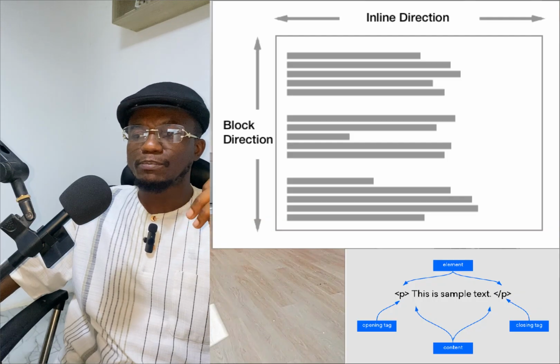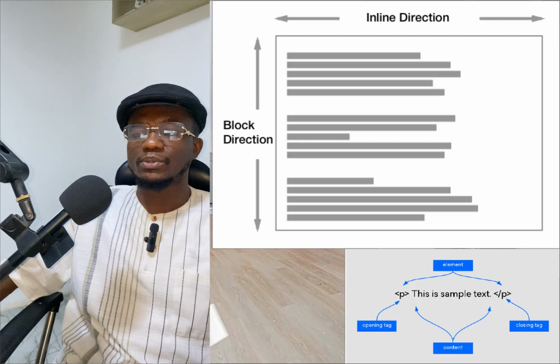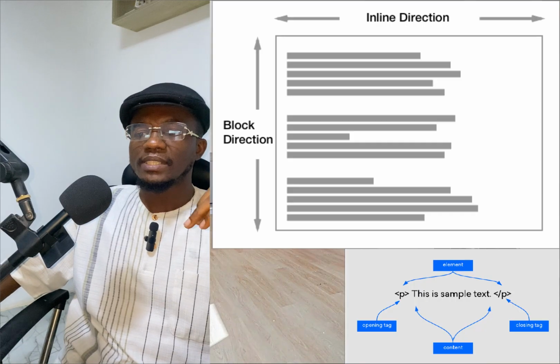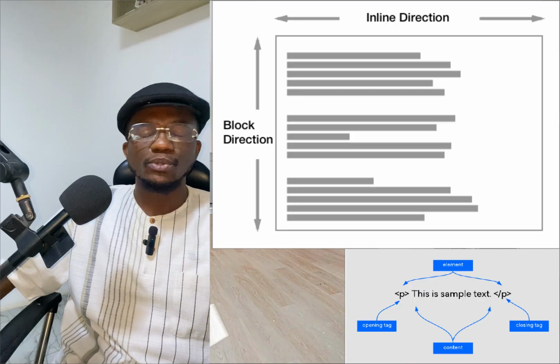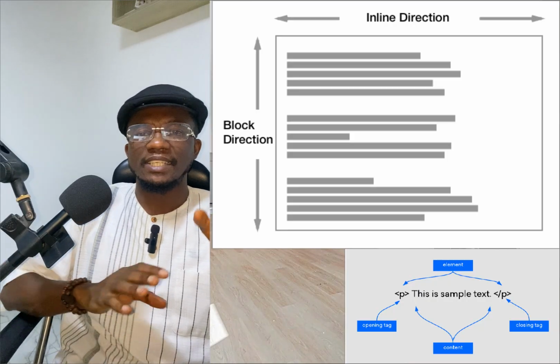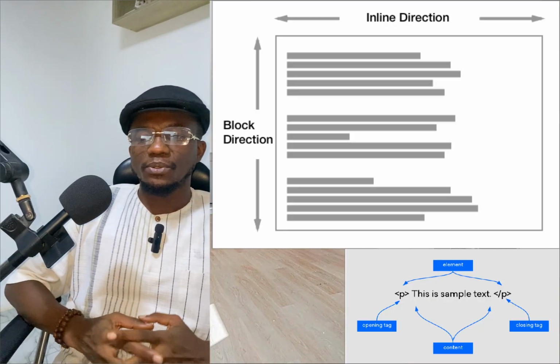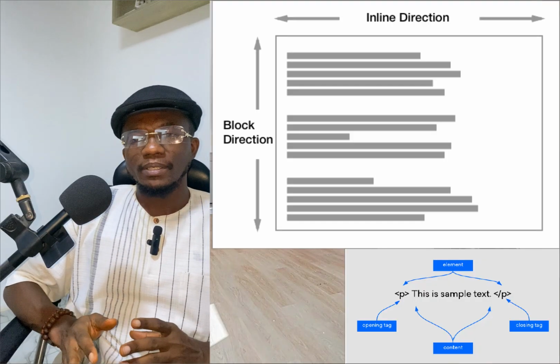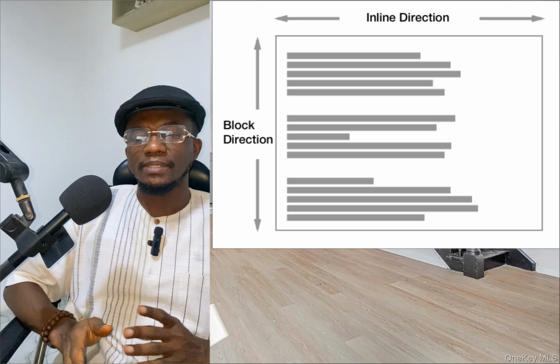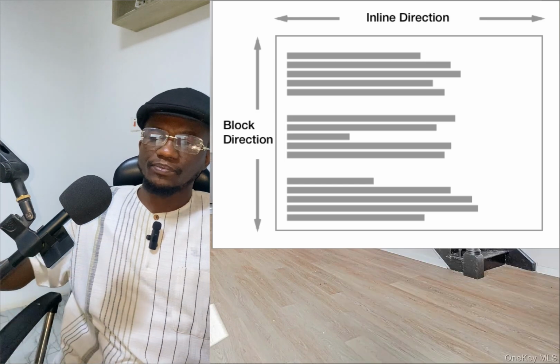They only take up the space they need and stay on the same line with other content. Understanding the difference between inline and block elements helps you control how your web page is laid out. So it is important you understand the difference between inline elements and block elements.